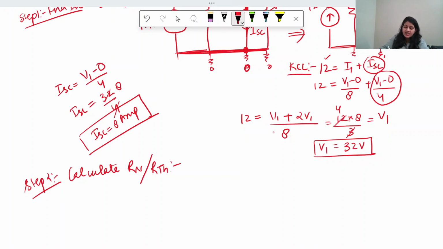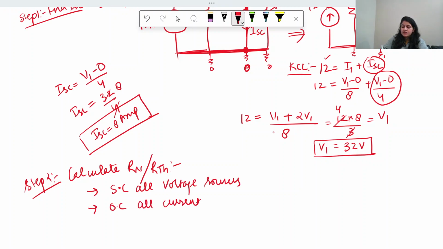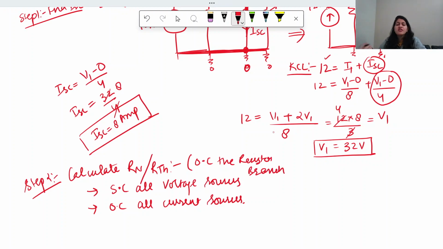So what are the steps for that? Short circuit all voltage sources and open circuit all current sources, right? And before this, what do you need to do? Open circuit the resistor branch where you need to find the value of current.